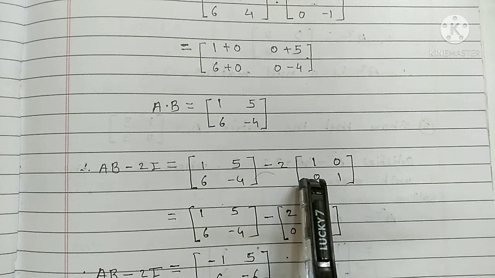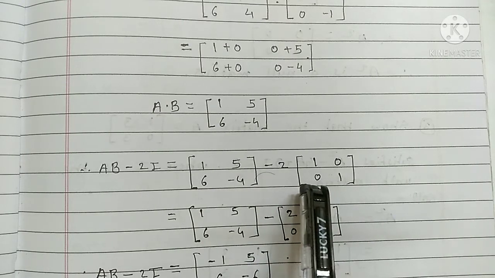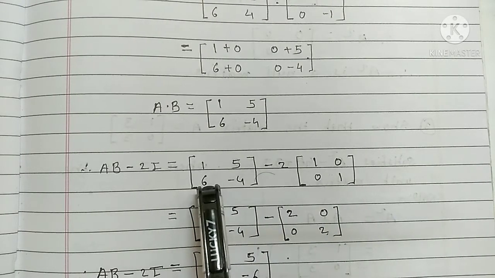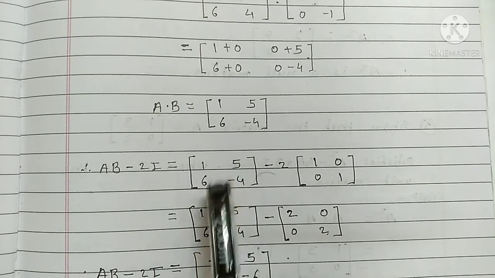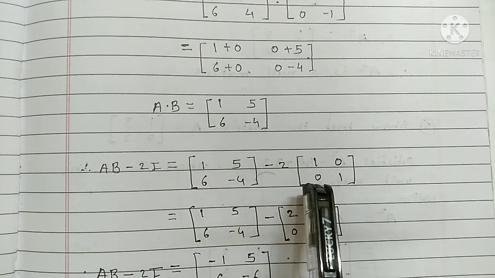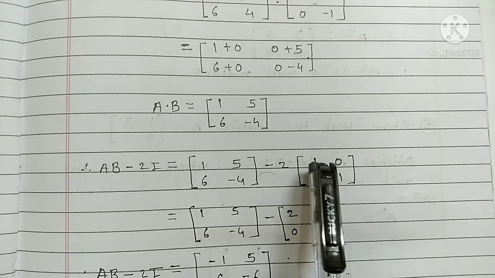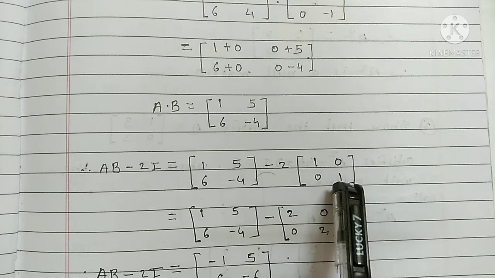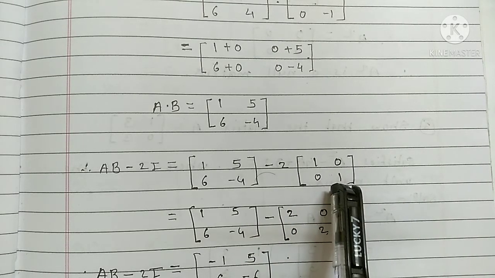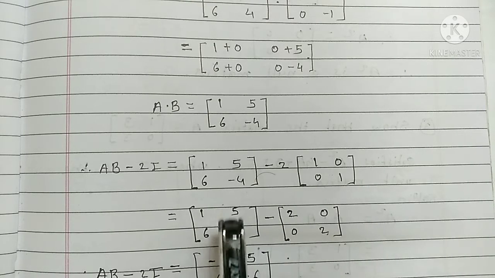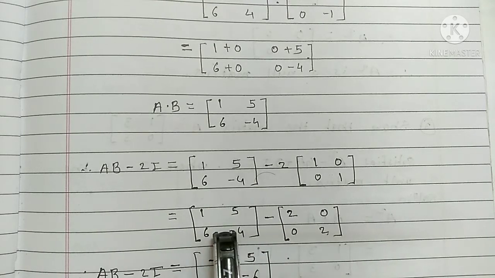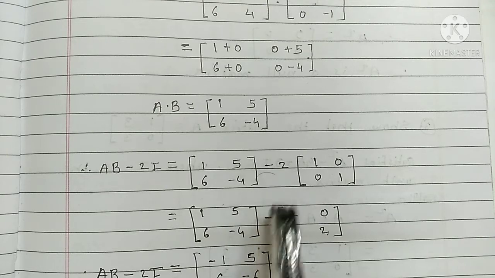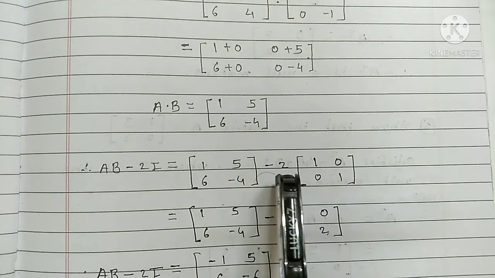I means identity matrix. Here the first matrix is of the order 2 by 2, so I will be of the order 2 by 2. So, 1, 0, 0, 1. This is our identity matrix. So, first matrix as it is minus, we will multiply this matrix with this element 2.